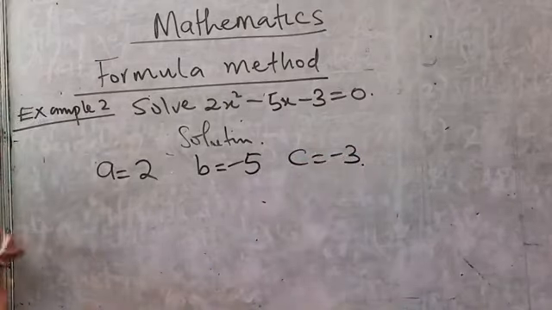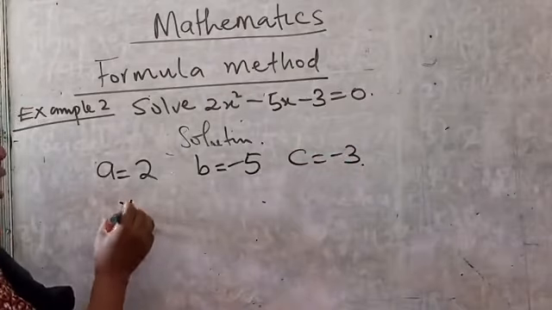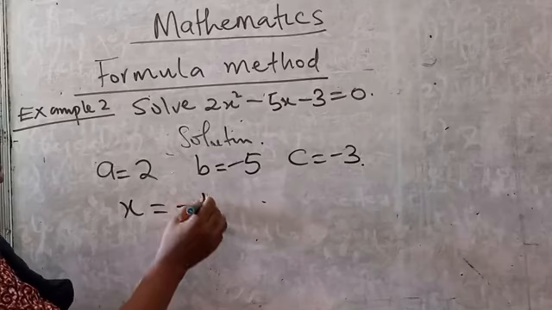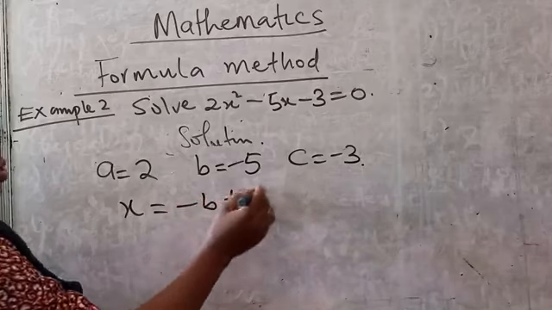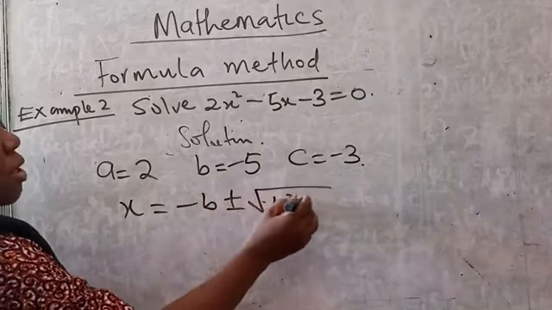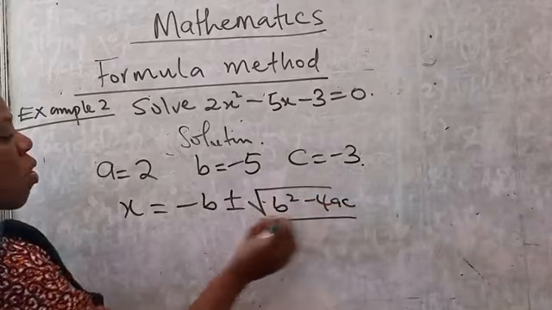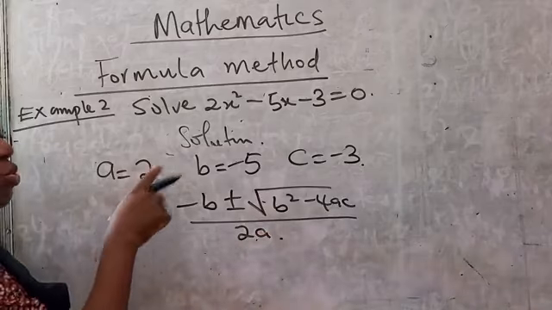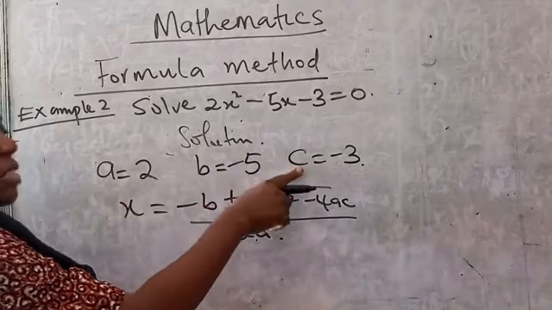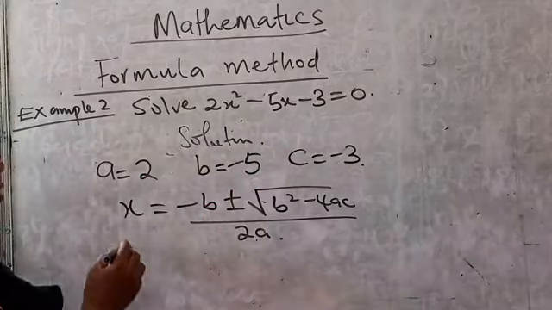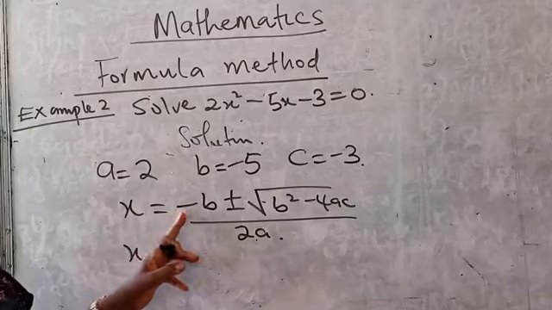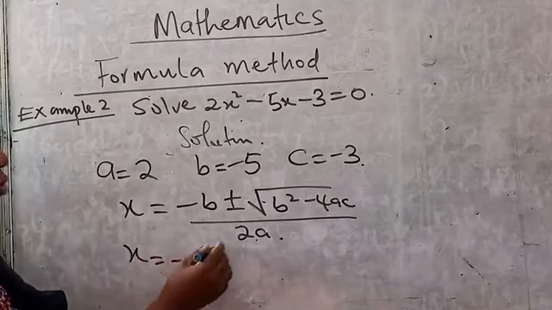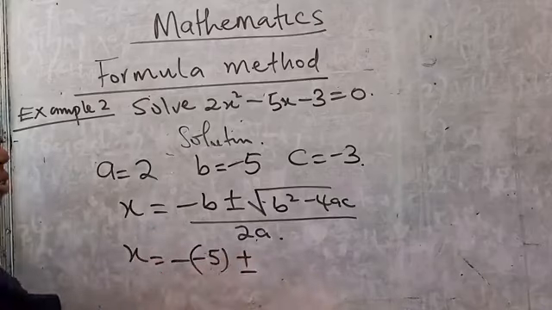I believe you remember the formula, which says that x is equal to what? Minus b plus or minus the square root of b squared minus 4ac, all over 2a. Since we know our a to be 2, b minus 5, c minus 3, let's substitute together. What is our b? Minus 5 plus or minus.